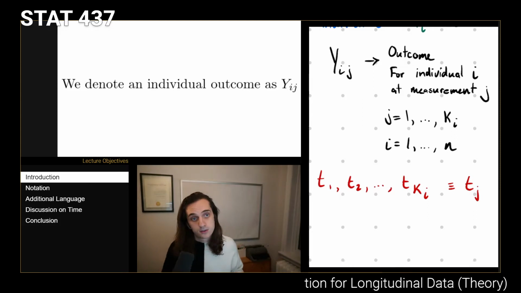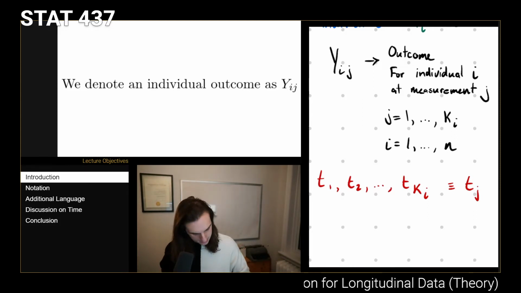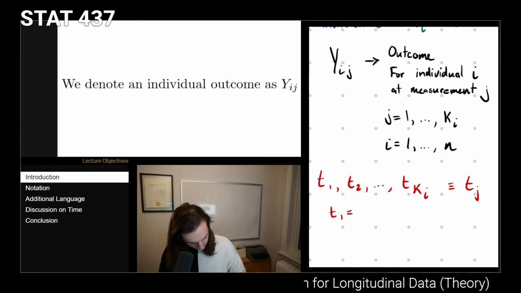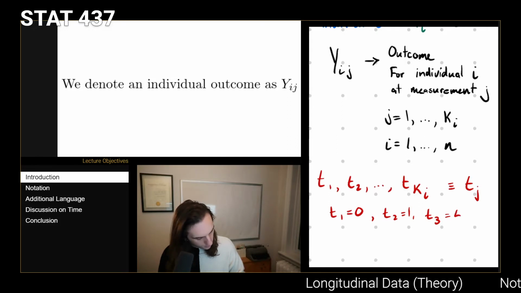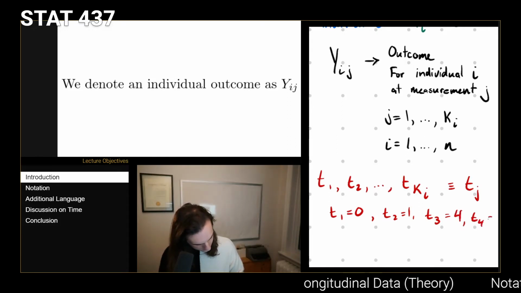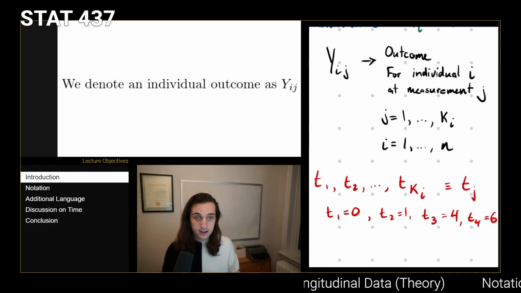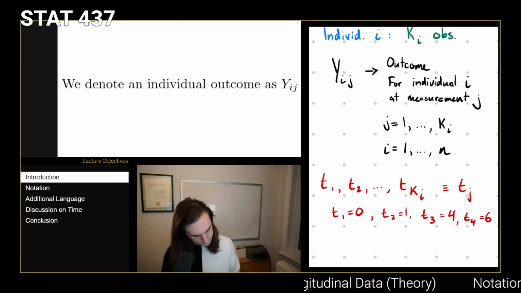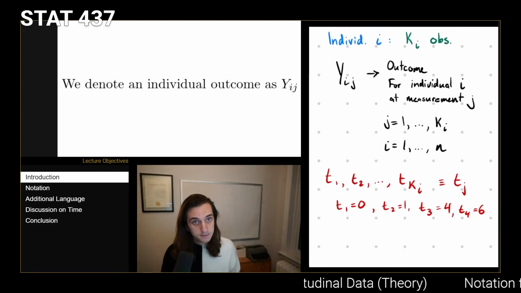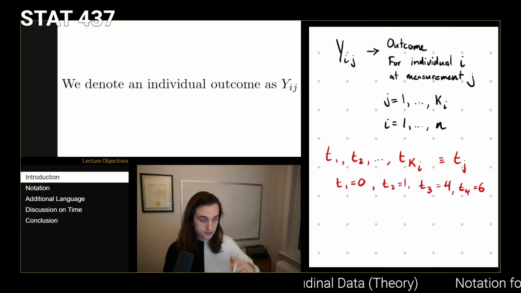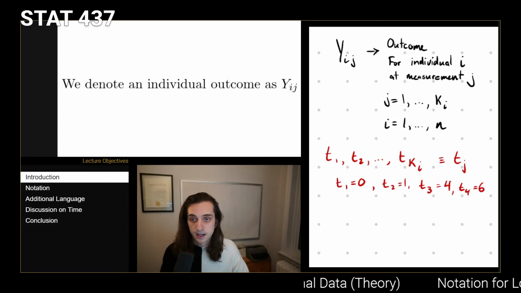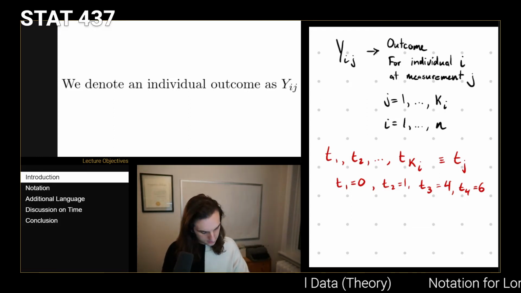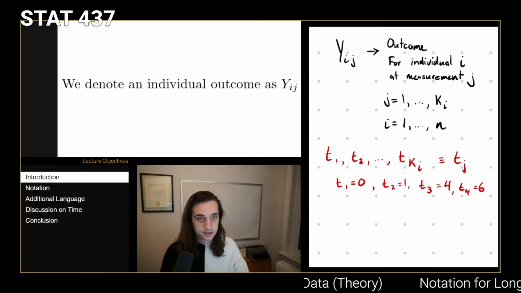And so again, if you're looking at the TLC trial, then we knew that t1 was equal to 0, t2 was 1, t3 is equal to, I think, 4, and then t4 was 6, measured in weeks. And so we can have these different values for them, but in any event, we just enumerate through the different outcomes. And so that gives us the outcomes from our study.